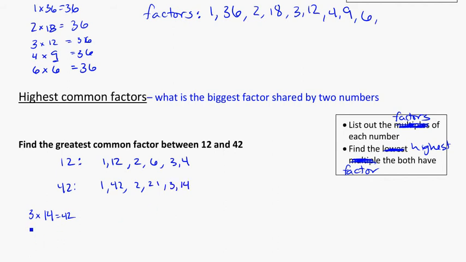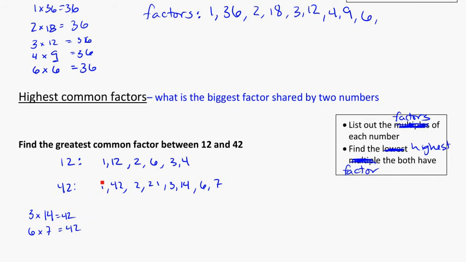And what else? 4, not sure that we can use 4. 5, nope. What about 6? Yeah, 6 times 7 gets us 42, so we can put those in, 6 and 7. Anything for 8 or 9? No, 10, nothing. So that's pretty much the list for 42.